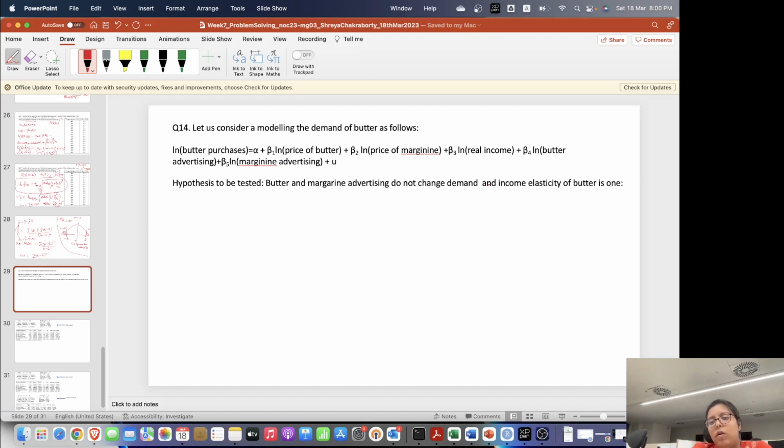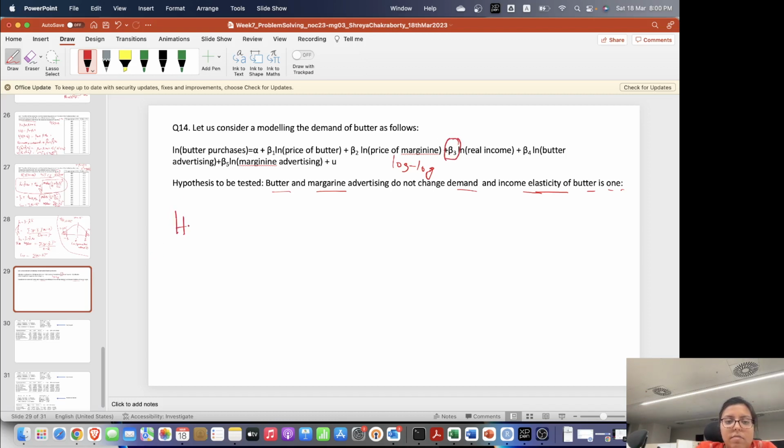Now from the initial results, it is believed that butter and margarine advertising do not change demand, and income elasticity of butter is 1. Since this is a log-log model, left hand side also is log, right hand side also is log, then income elasticity of butter is actually beta 3.